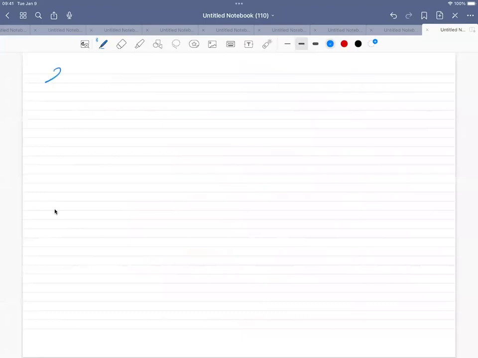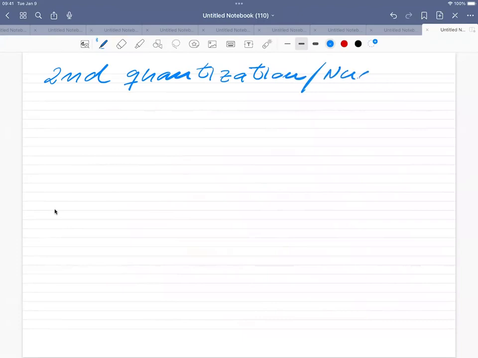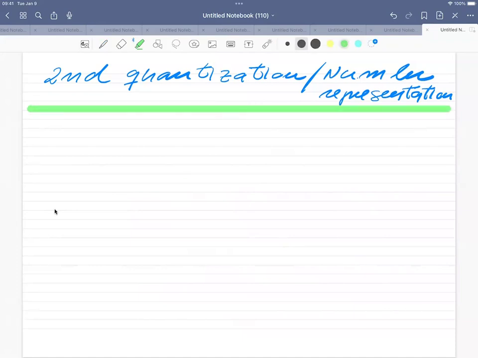We are going to call it second quantization, or a name which I prefer, number representation. And we're going to focus first on fermionic systems.